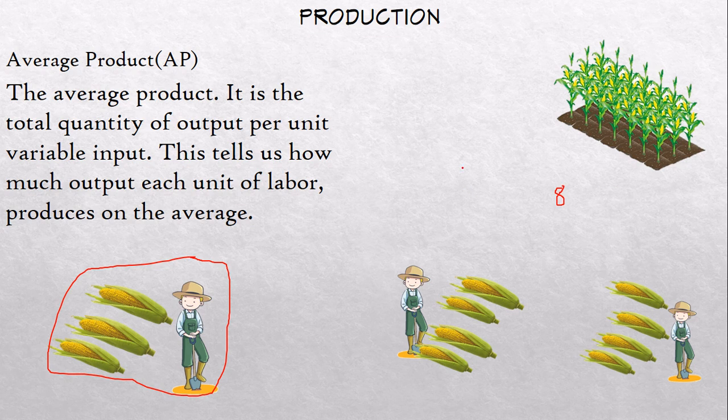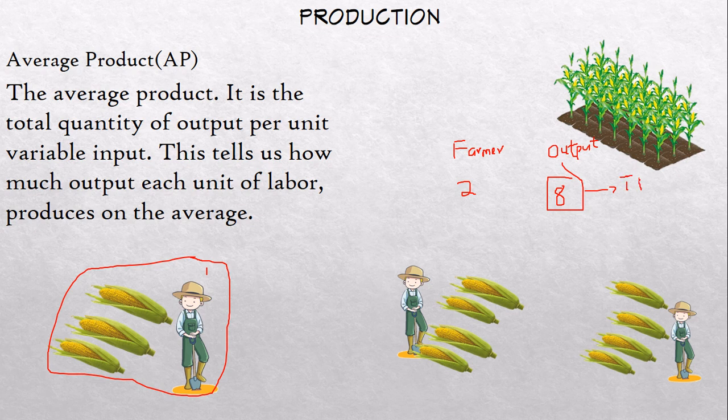So let me have my farmer over here, and let me call this my output. When I had just one farmer, I was producing 3 maize. Now with 2 farmers, I am producing 8 maize. This 8 maize is the total product for 2 farmers.